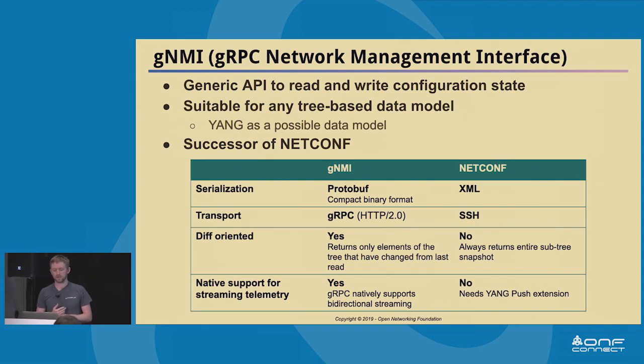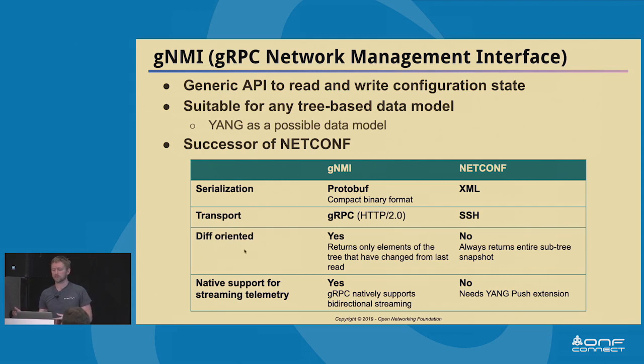Some of the big advantages that we've seen here: from a serialization perspective, we're moving from XML, which is a fairly verbose human-readable text format, to a compact binary representation. We've upgraded the transport from SSH to gRPC, where we can more easily have multiple parallel operations happening, as well as an ability to do server push. We have the option to be diff-oriented.